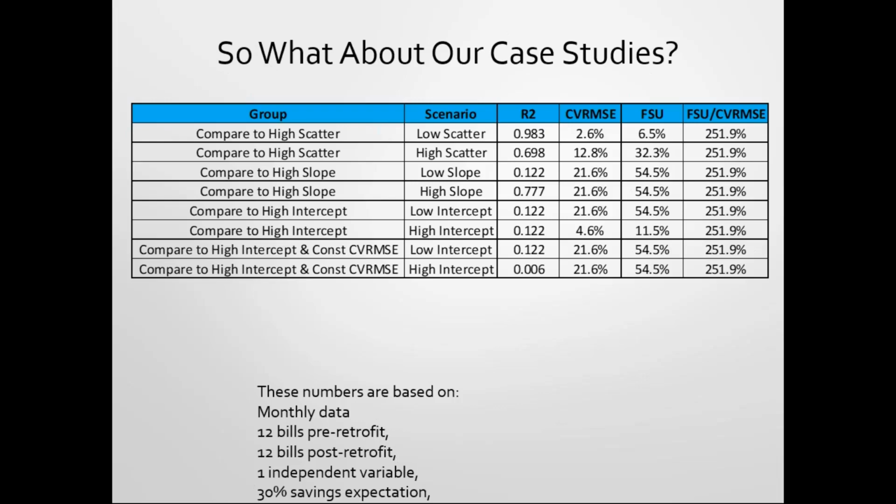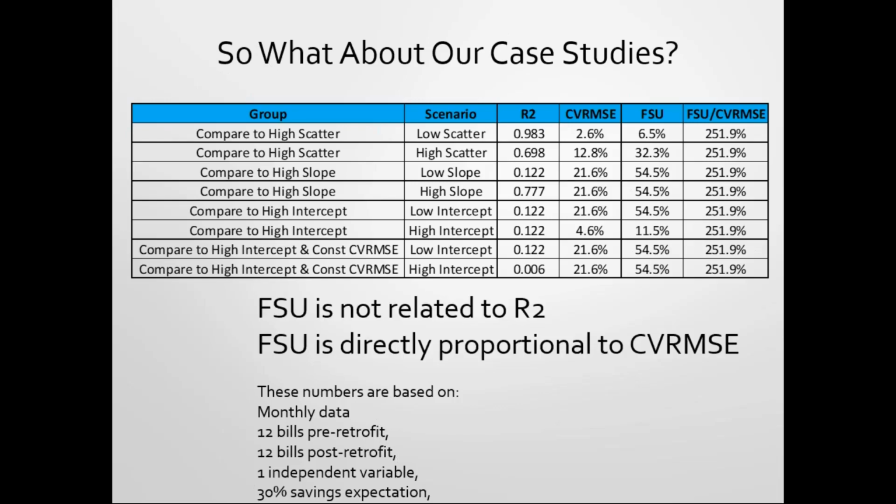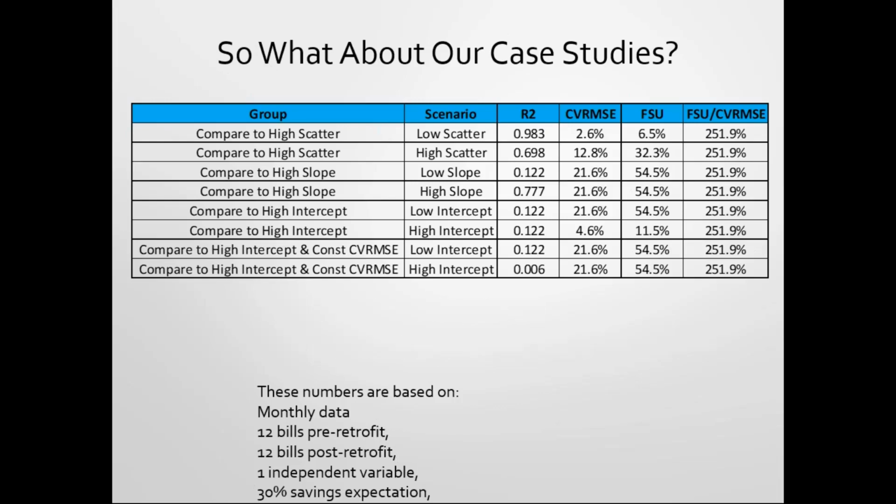All right, now what's interesting here is I divided fractional savings uncertainty by CVRMSE, and look at that, it's a constant number. That's pretty darn cool. Now that is only true for a certain confidence factor. I didn't mention that. I think I used 90%, so if you had 68% or 70%, 80%, then this ratio is going to be different.